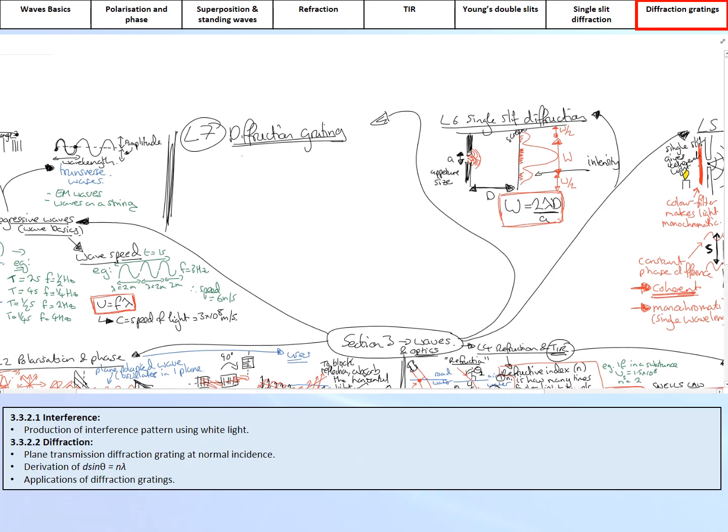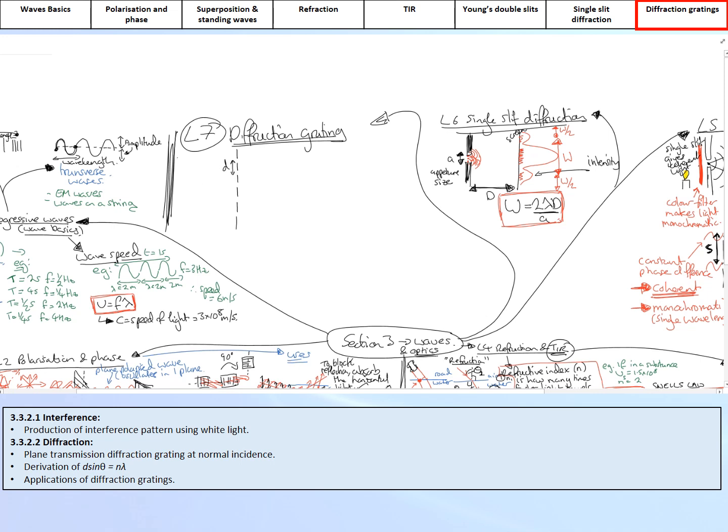A diffraction grating is actually a series of slits very, very close together. You won't be given the distance between the slits, which let's call lowercase d. Don't get that confused with capital D, the distance between the slit and the screen. So you won't be given that, probably.